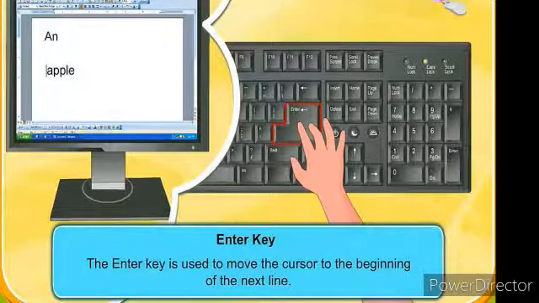Now we are going to discuss the enter key. The enter key is used to move the cursor to the beginning of the next line. It is also used to take the cursor to the next line.